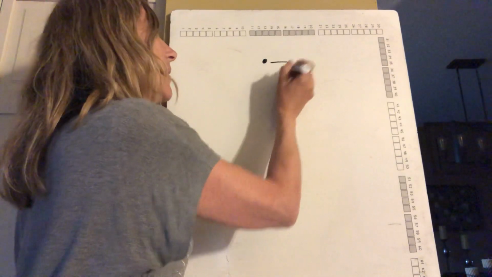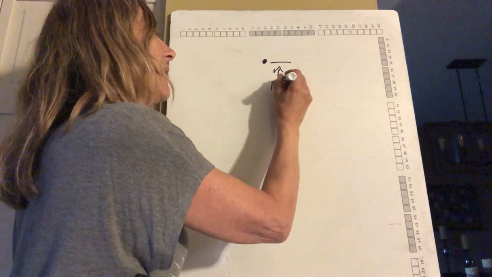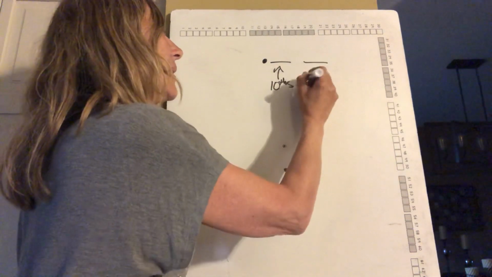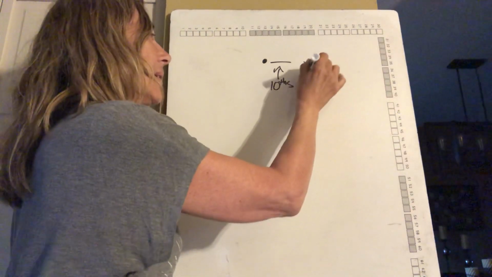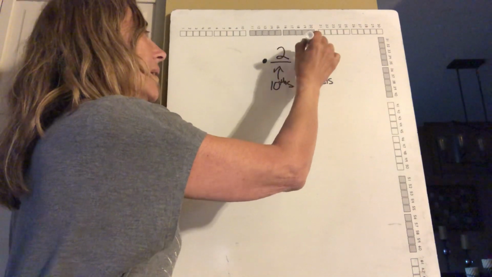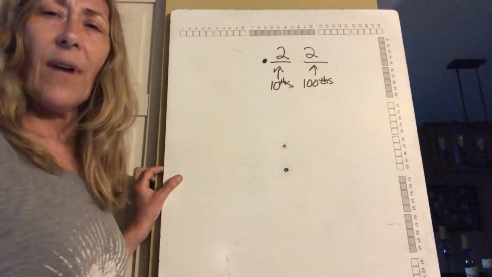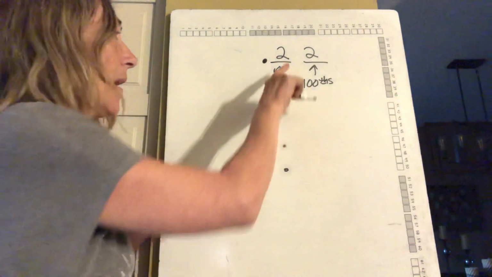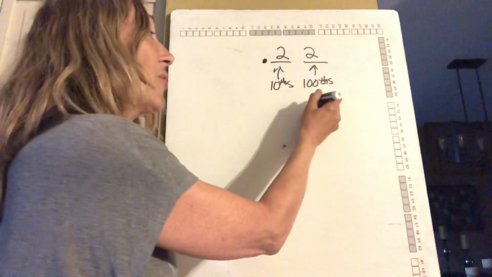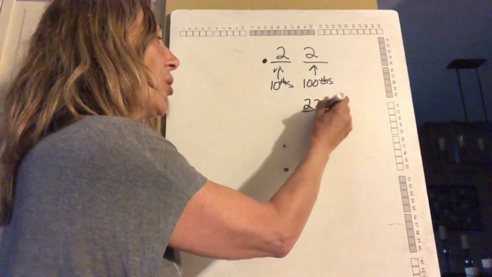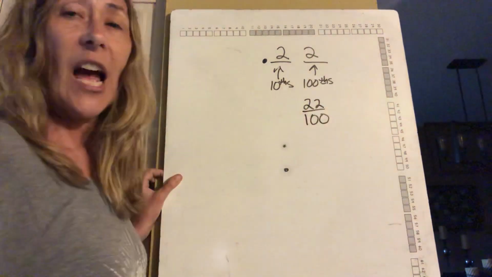Again, this is the 10ths place. This is the 100ths place. If I look at that decimal, I would read 22, and it's the 100ths place. 22/100ths.